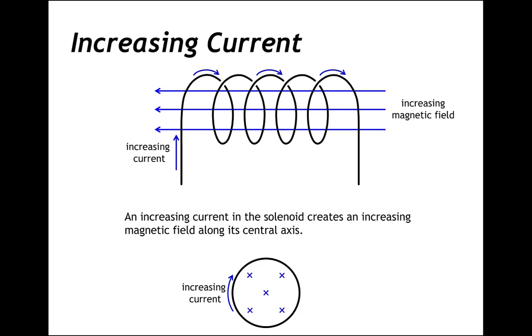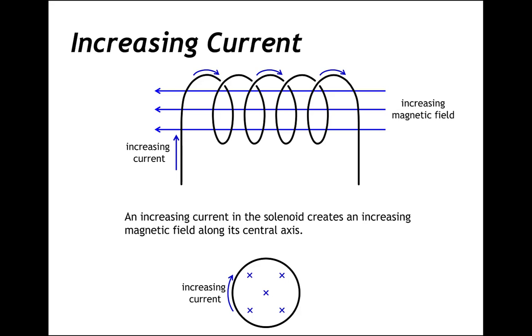Now, as you curl your fingers around the coil using the right hand rule, your fingers curl away from you, causing your thumb to stick out to the left. That's the direction of the magnetic field. And since the current is increasing in this inductor, so does the magnetic field that the inductor generates.